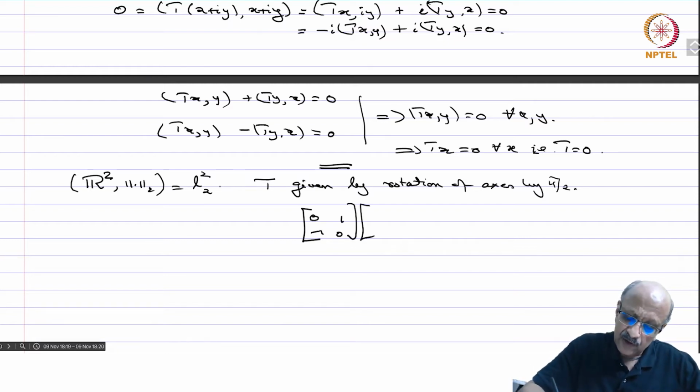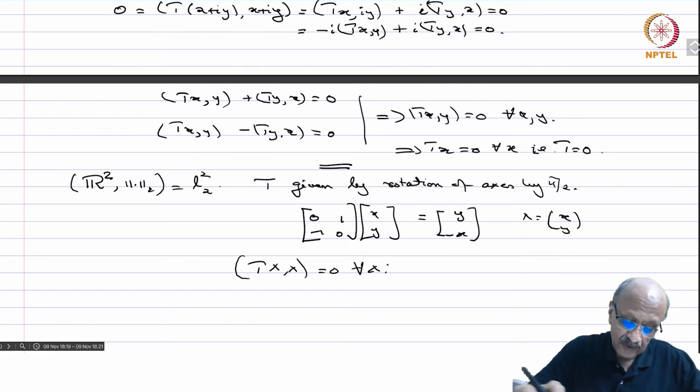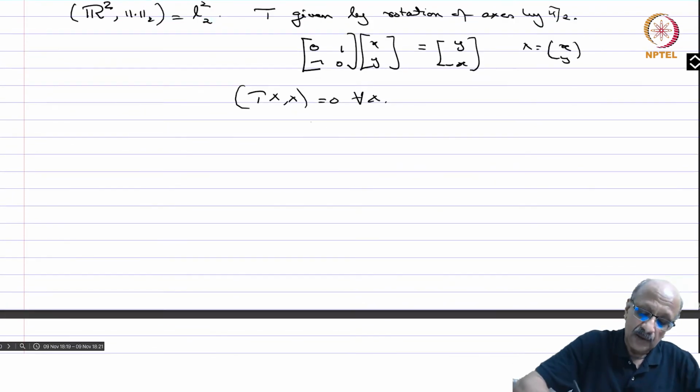And then if you take (x,y), you get (y, minus x), and therefore <Tx,x> is 0 for all x, okay, and then T is not 0 at all. Okay, so it's the presence of the i which makes a difference there, and therefore that's important.